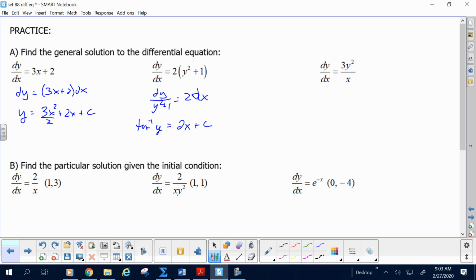Martin, what's your separation on the third one? Okay. Brian? dy over 3y squared equals dx over x. Love it. Good job.